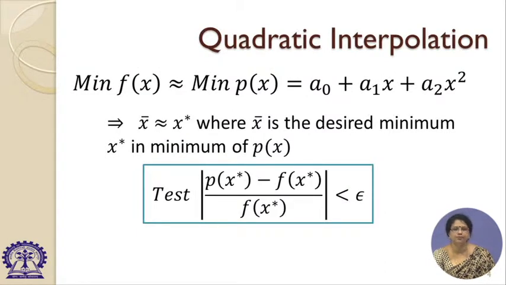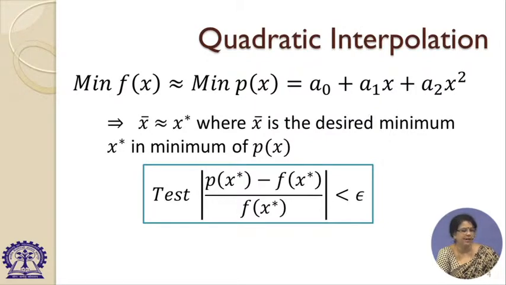Now, in the quantitative interpolation, we are interested in determining the values of a0, a1 and a2 such that the minimum of the function f(x) must be almost the same as the minimum of P(x). P(x) is the fitted polynomial.